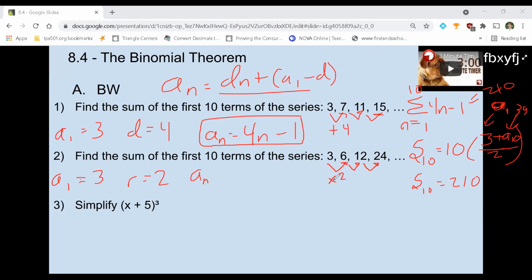And for any geometric series, it's your first term divided by r, times the r to the n power. So for us, that would be 3 halves times 2 to the n.